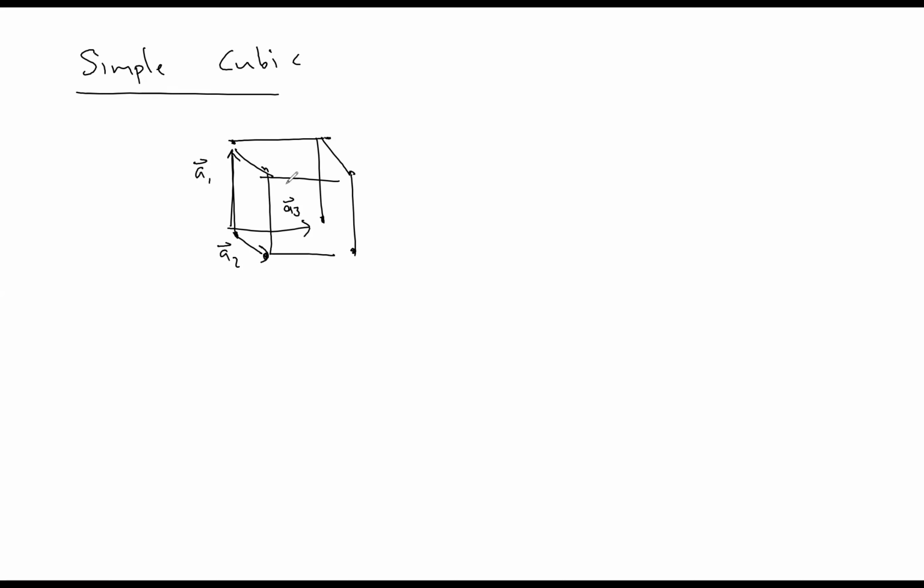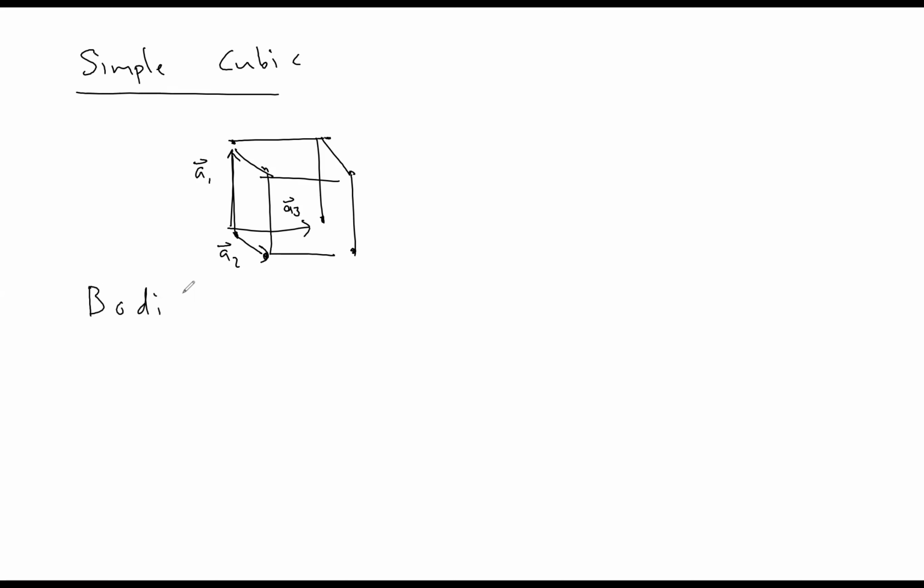It is very uncommon for elements to occur in the simple cubic form. In fact, only polonium, a poisonous radioactive element, occurs in simple cubic form.